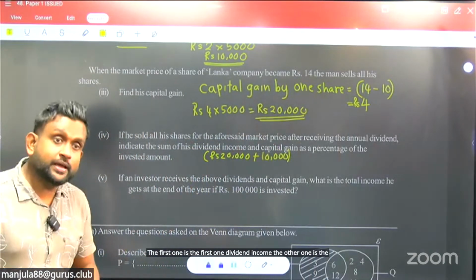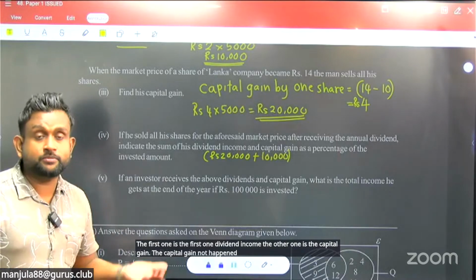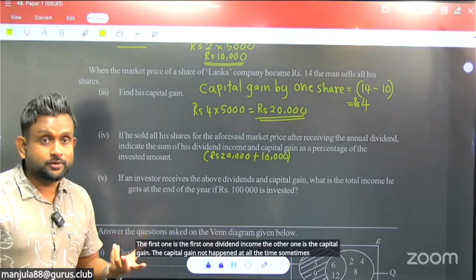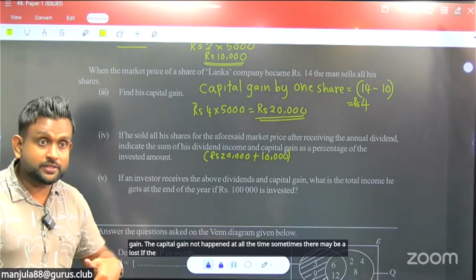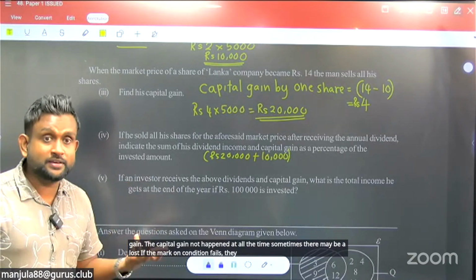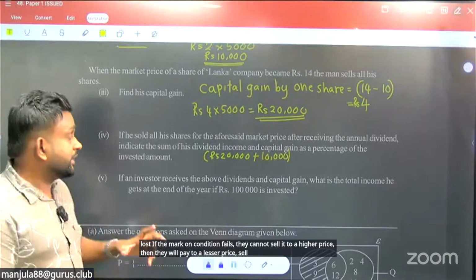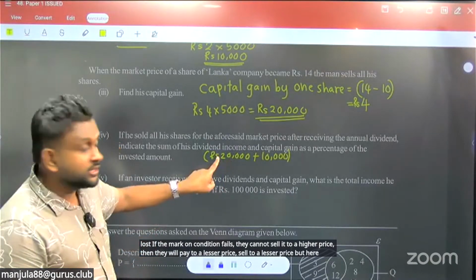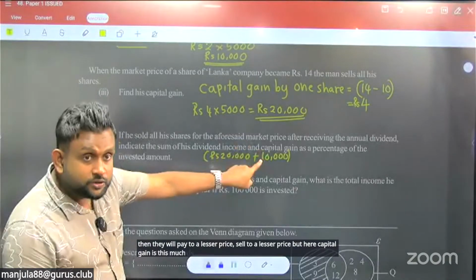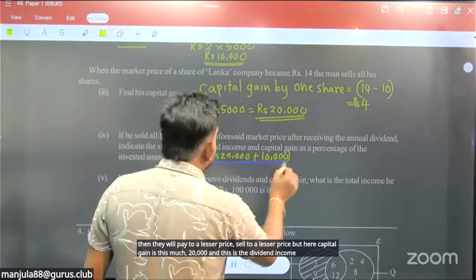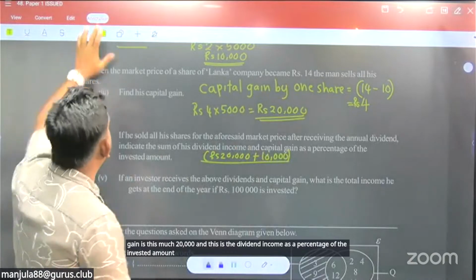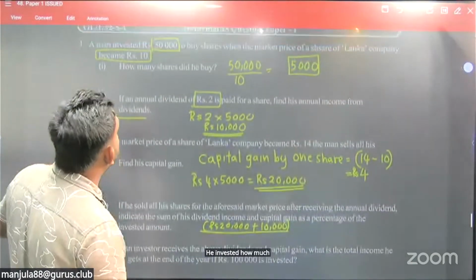The capital gain does not happen all the time. Sometimes there may be a loss. If the market condition fails, they cannot sell at a higher price, and will sell at a lesser price. But here the capital gain is 20,000, and this is the dividend income. As a percentage of the invested amount, how much did he invest? He invested 50,000.